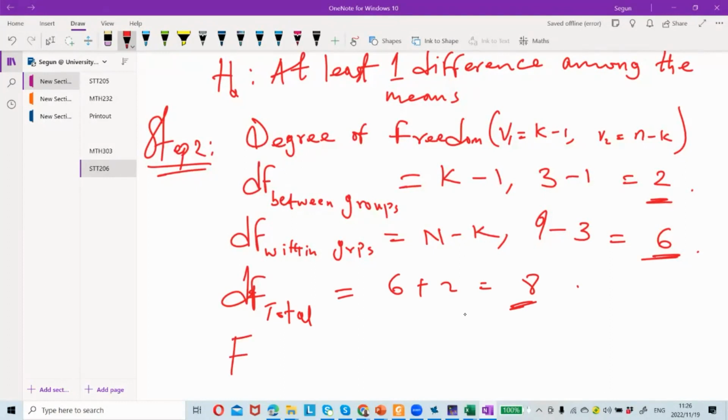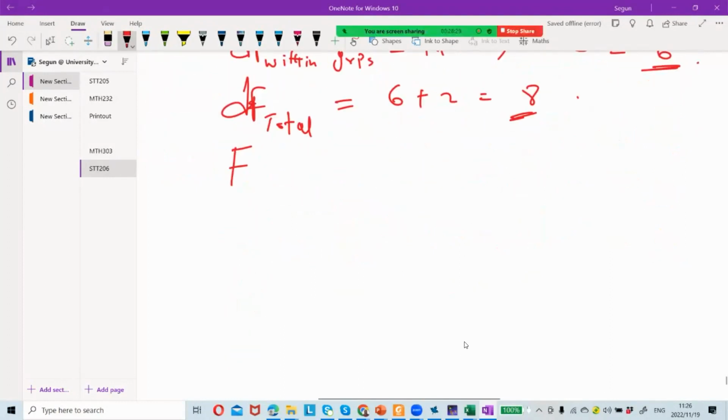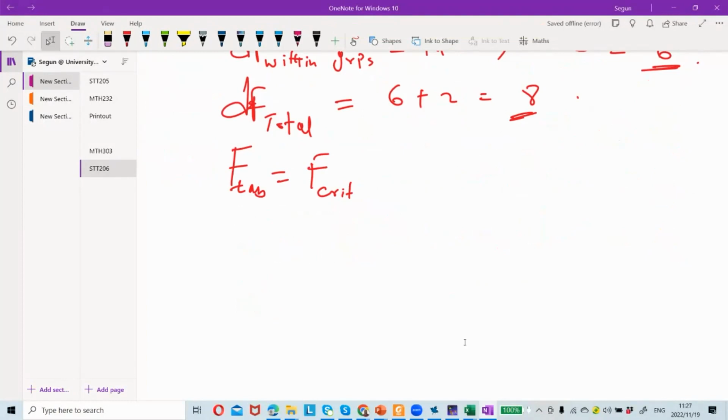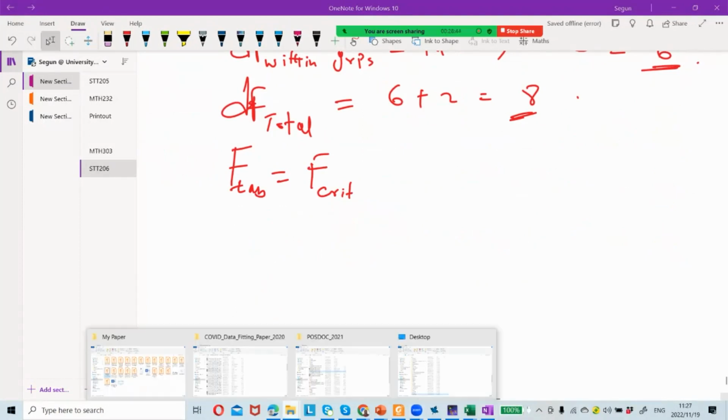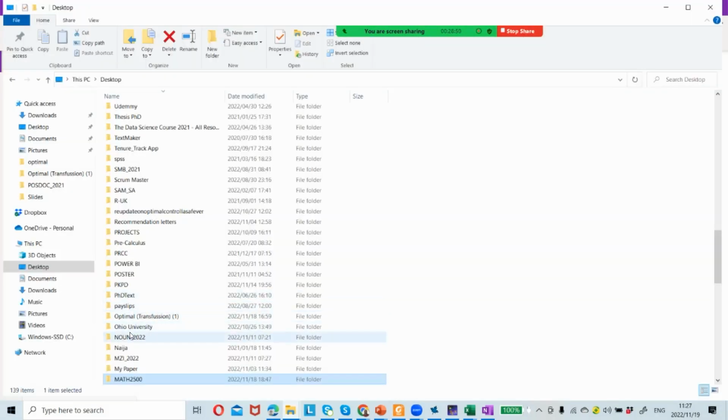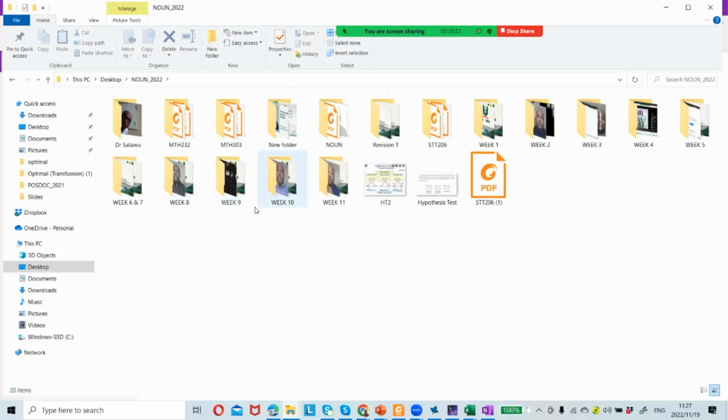Then we can now go ahead and calculate our F tabulated, which is the same thing as F critical. Let me see whether I still have the table here. Let's look at the table, whether we can make use of it now.